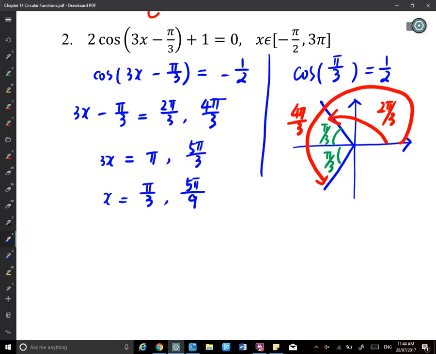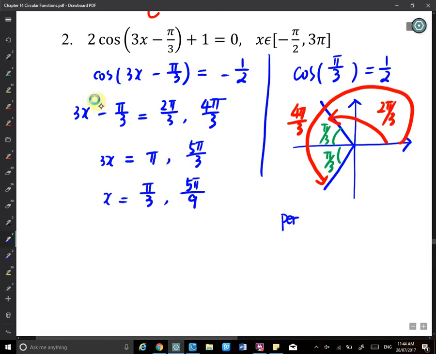Now, all the other solutions will relate to those two values, which will be adding periods or subtracting periods. So I'm interested in the period. The period will be 2 pi over 3.